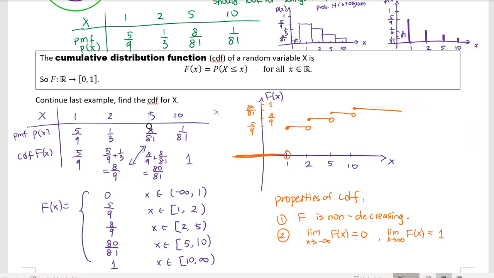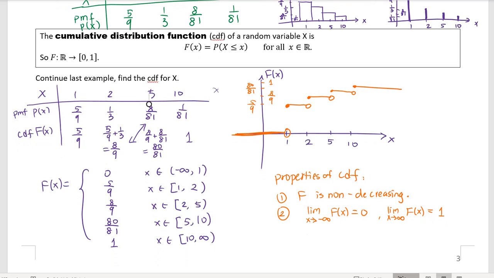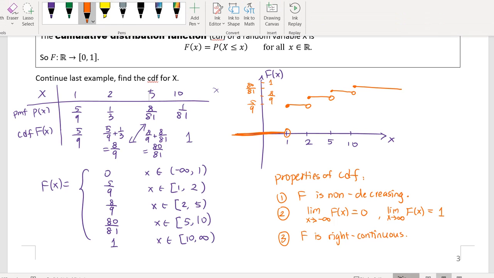Can you see here the right side limit equals the function value? Do you see this solid circle? This means F is right continuous. If you took calculus 1, I hope you did, you know f is continuous. Let me write it down here.